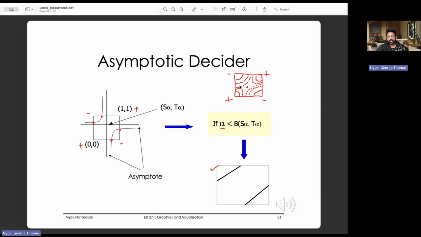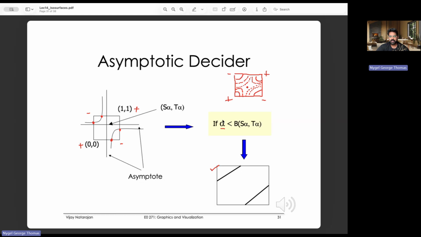If we gradually increase the alpha value, the hyperbola takes this kind of orientation, covering minuses from both sides. Gradually it comes closer and closer as we increase the value of alpha. At one point, it converges to the saddle point, and after that, it changes direction. It takes the other direction.